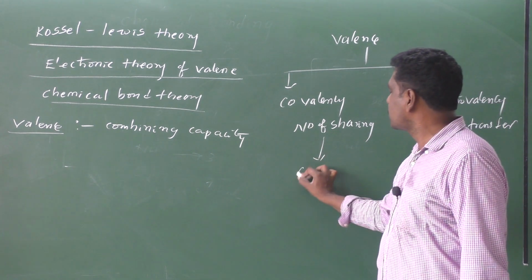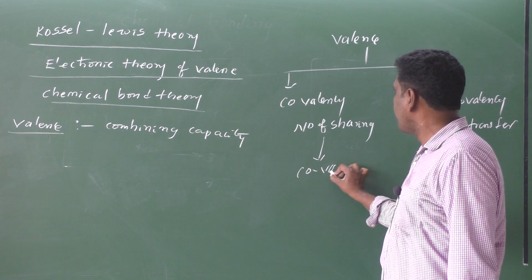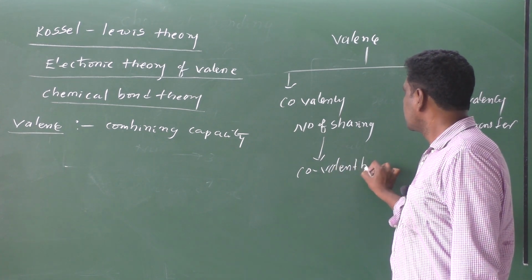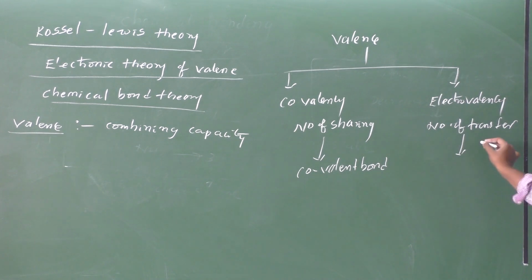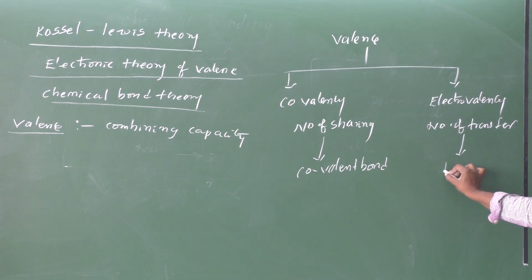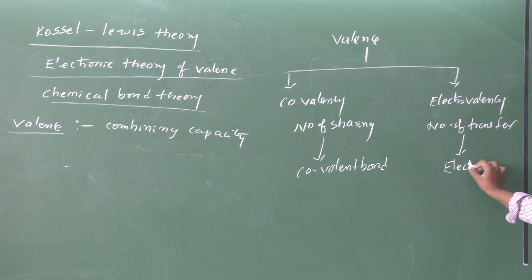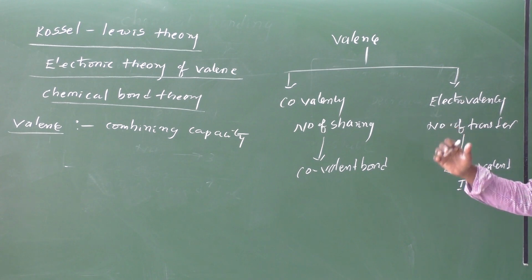The resultant bond of covalency is called a covalent bond, and the resultant bond of electrovalency is called an electrovalent bond. Electrovalent bond is also called an ionic bond. Therefore, this is valency.